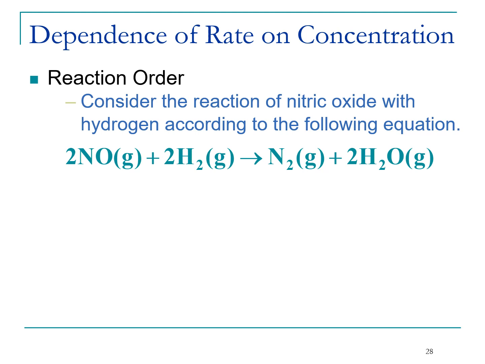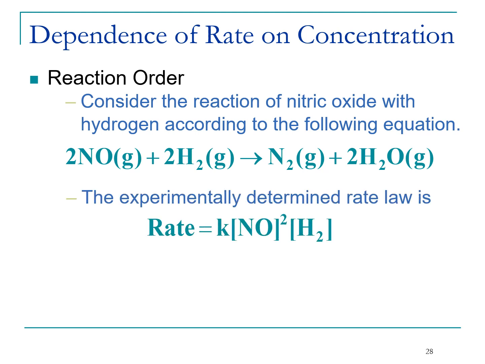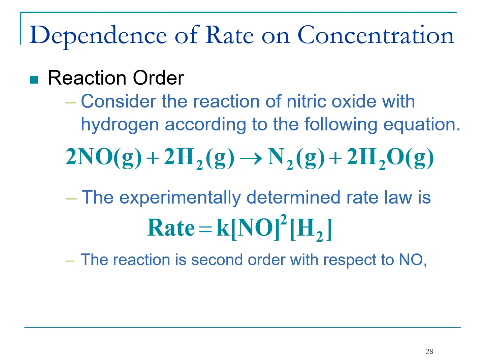All right, so let's consider this reaction. 2NO plus 2H2 gives us N2 plus 2H2O. After doing a lot of experiments, and we'll get into how they did it in just a little while, it was determined experimentally that this is the rate law. So what does that mean? I would say the rate of this reaction is second order with respect to NO, because the exponent here is 2.